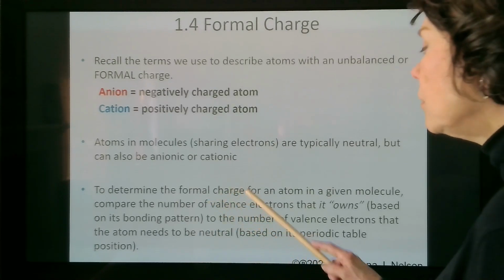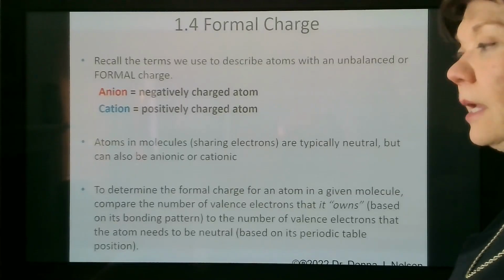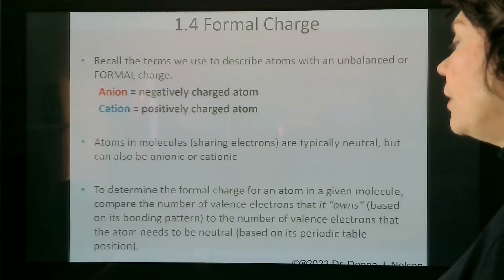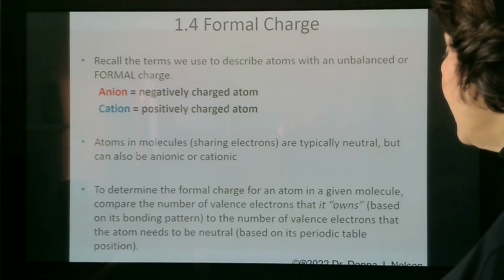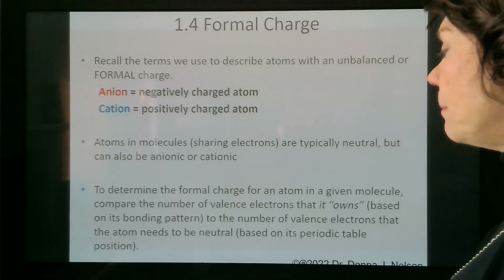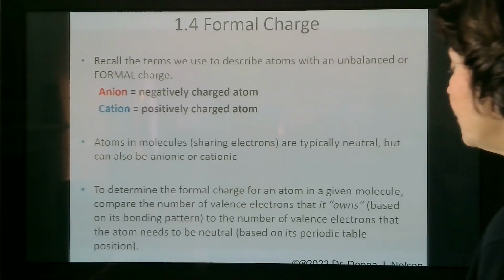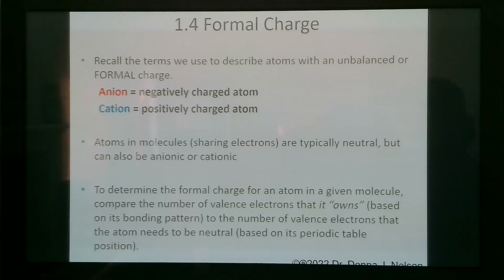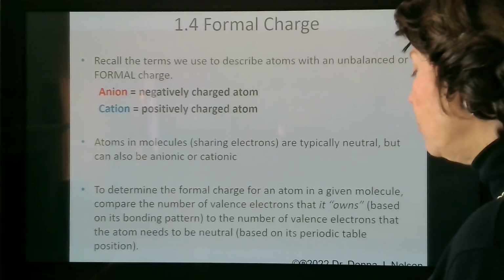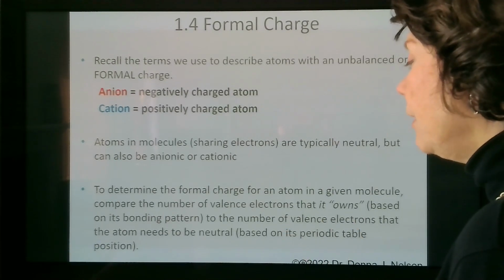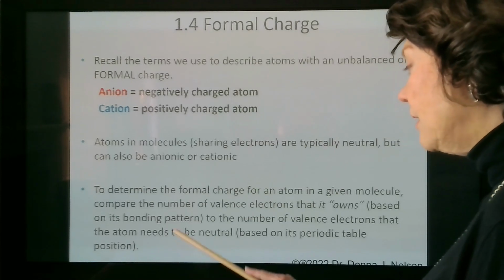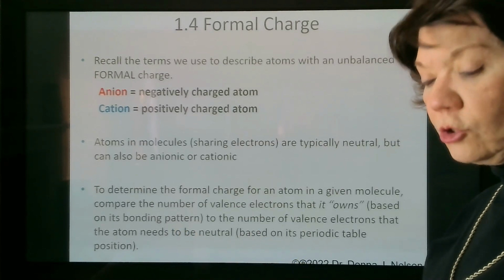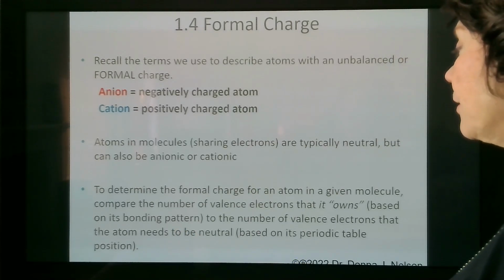To determine the formal charge for an atom in a given molecule, compare the number of valence electrons that it owns based on its bonding patterns to the number of valence electrons that the atom needs to be neutral based on its periodic table position. And this latter one is the one that we were just talking about on that periodic table.